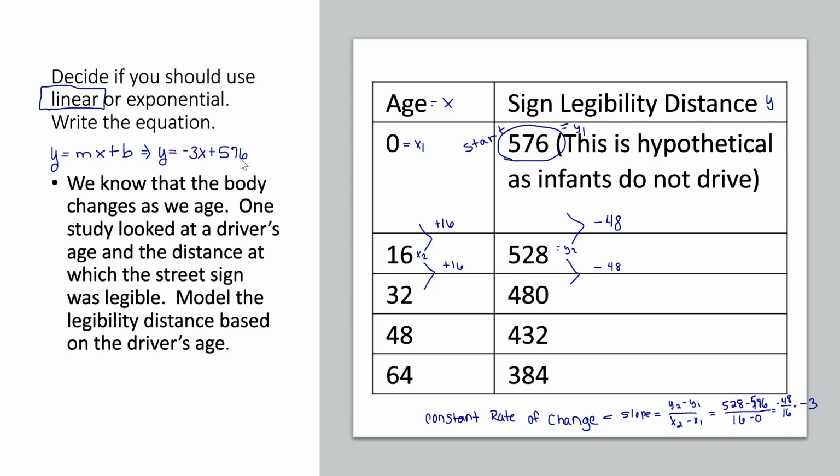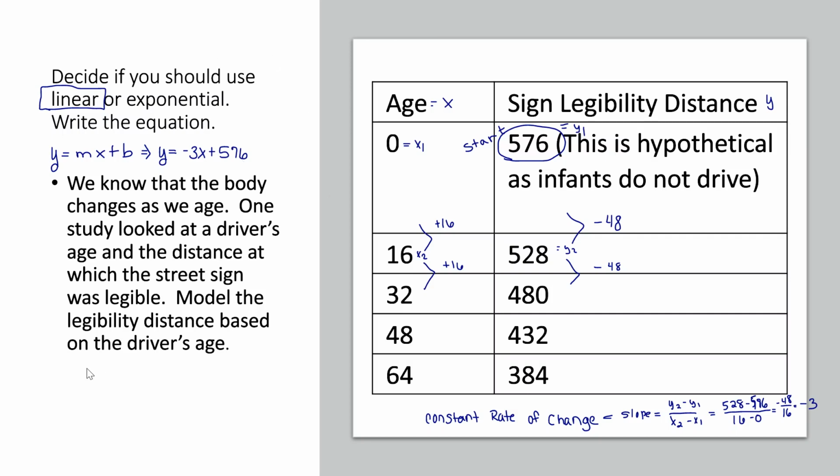So the sign legibility distance, I'm guessing that's in feet, but I'm not sure. It doesn't actually say. Looks like it is going down by 3 feet a year. And so as we age for 16 years, because the data in the table is going up by 16s, we have that drop of 48. And so we've come up with an equation that models this.